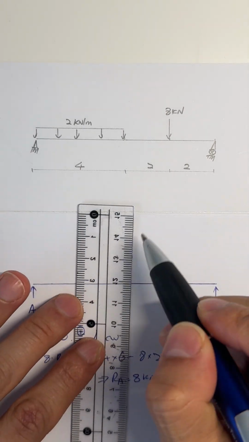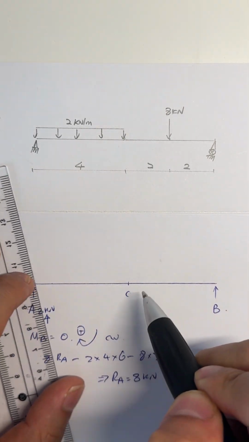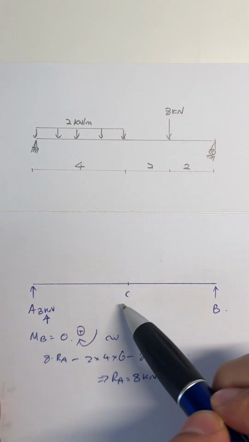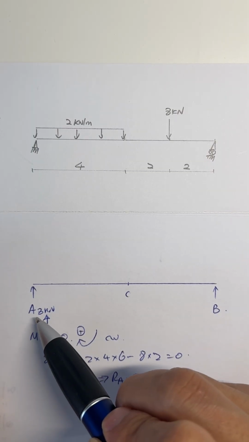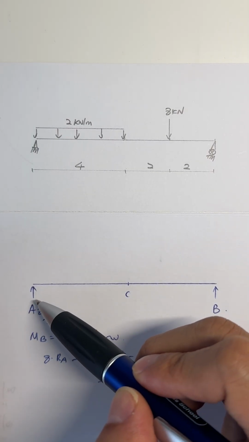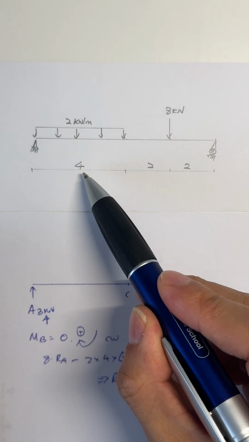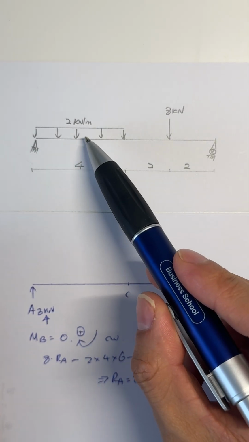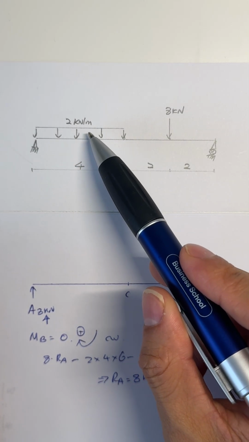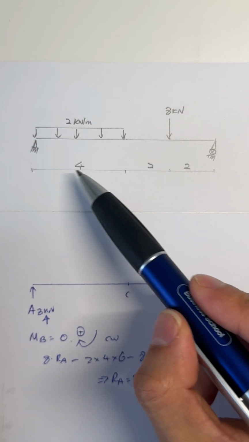Based on that, at point C here, you've got a point load coming upwards, that's 8 kilonewtons, and your lever arm is 4. But you've also got the UDL of 2 kilonewtons per meter coming down over a length of 4.